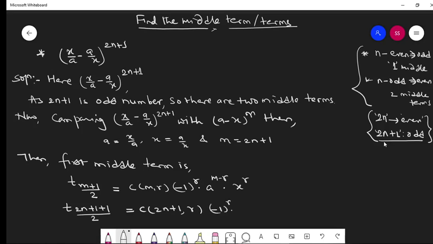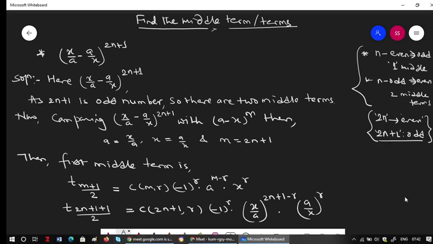What is the value of a? x by a, (x by a) to the power m, which is 2n plus 1 minus r, times x, which is a by x, to the power r.